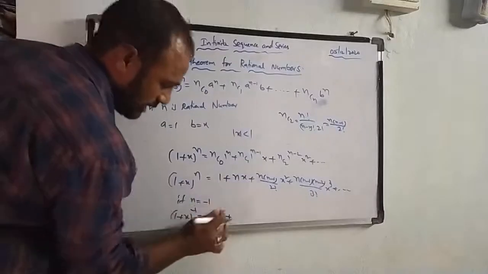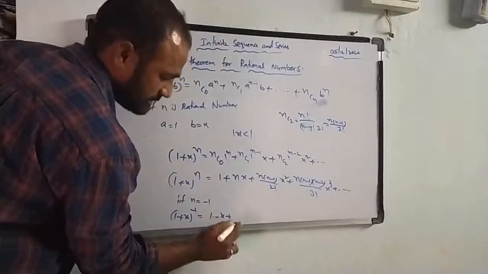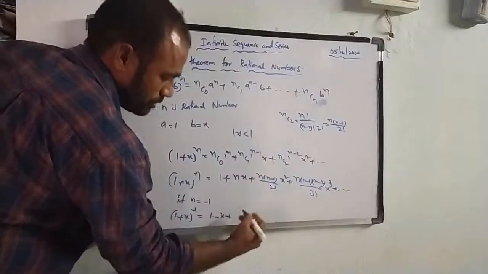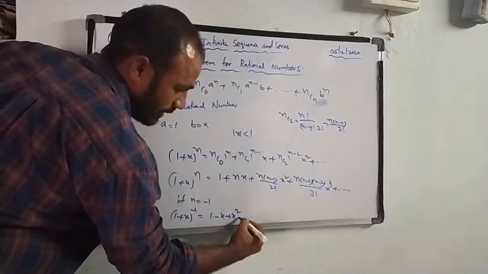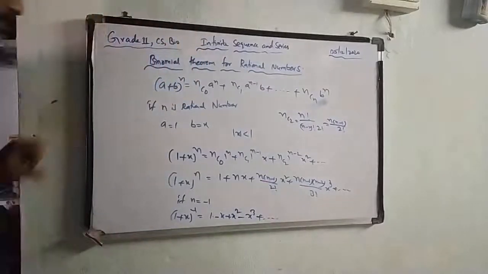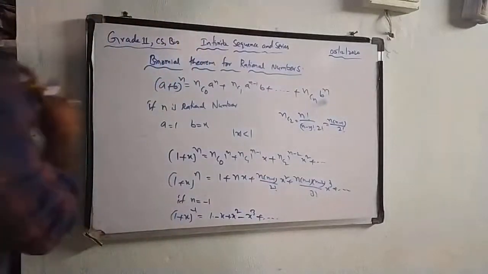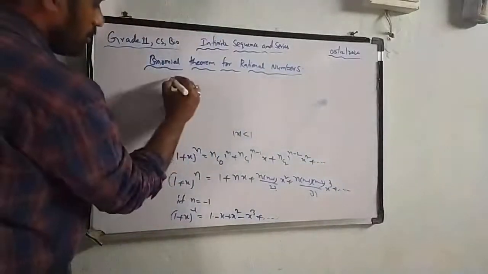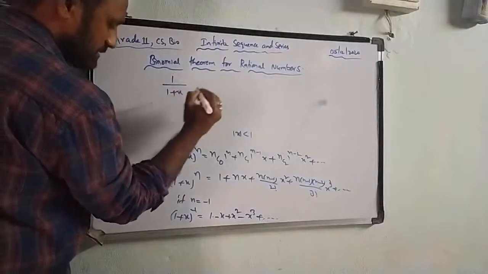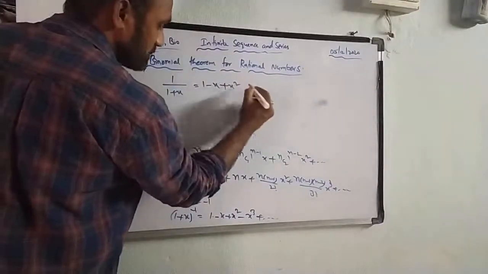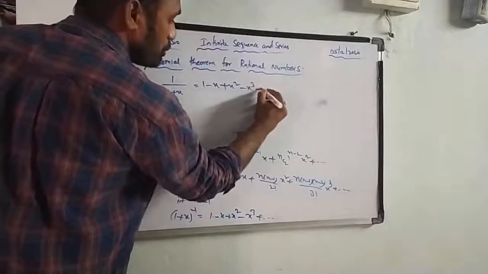So n equals minus 1, it will be 1 minus x, then minus 1 minus 2, so it will be plus x square minus x cube plus so on. So this can be written as 1 by (1 plus x) equals 1 minus x plus x square minus x cube plus so on.